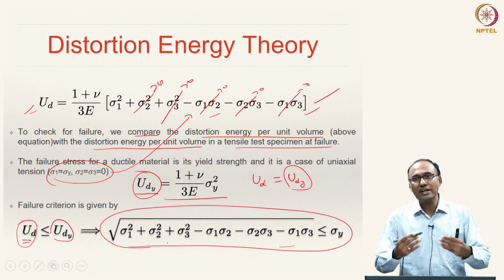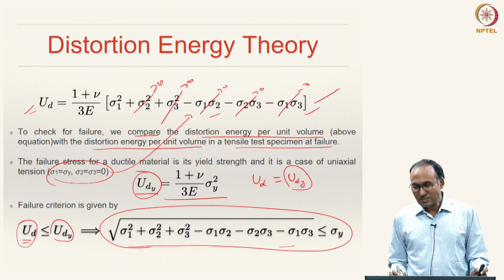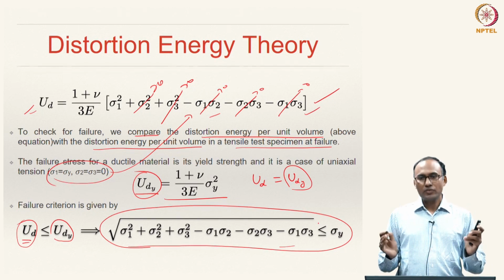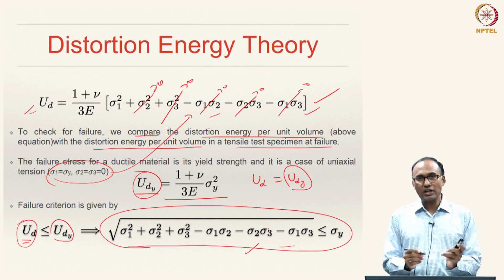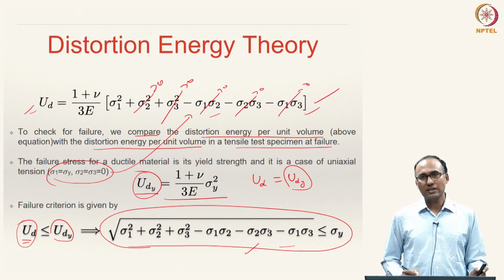This is the mathematical expression for the distortion energy theory. Less than or equal to means that if it is less than, our material is not yielding, and if it is equal to, then we say that the material is yielding.